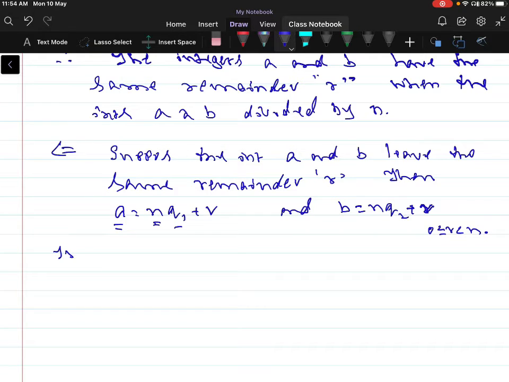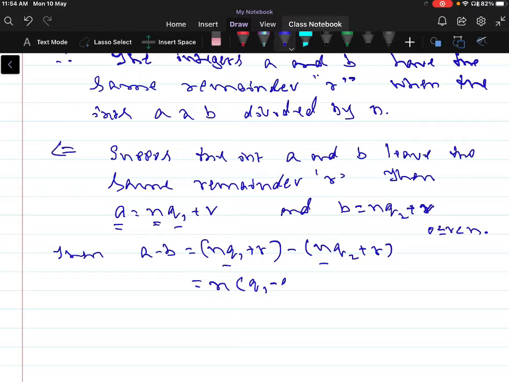Then a minus b is equal to n into q1 plus r minus n into q2 plus r. So this is equal to n is common, n into q1 minus q2, and plus r and minus r get cancelled.